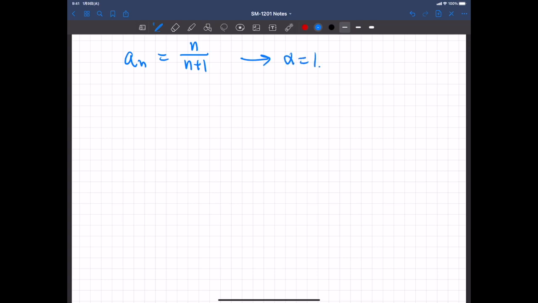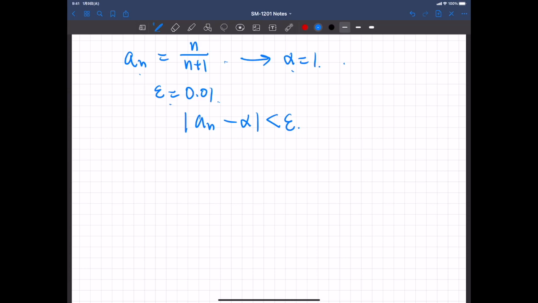So if this is true, then for any epsilon, let's say epsilon equal to 0.01, we can find some number that satisfies this. In this case, alpha is 1, a_n is this, and epsilon is 0.01.